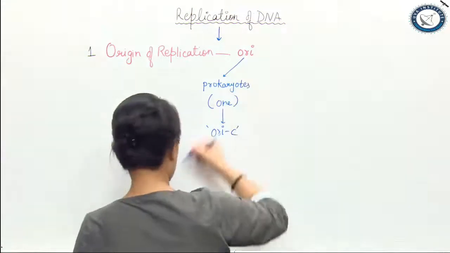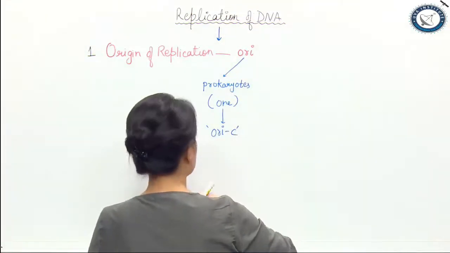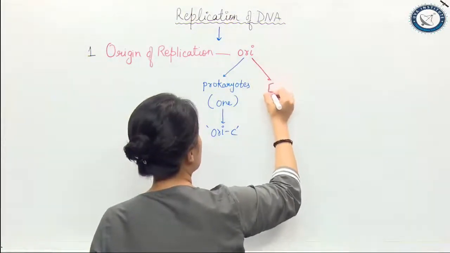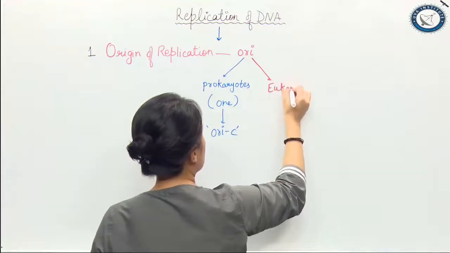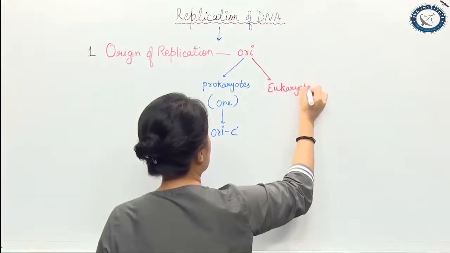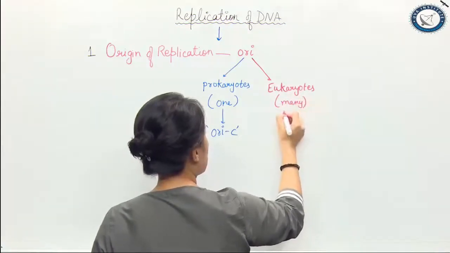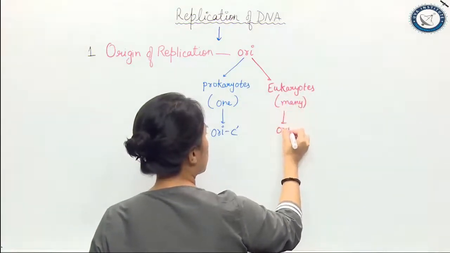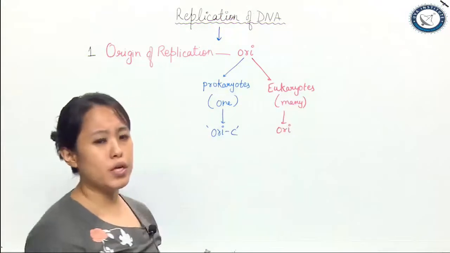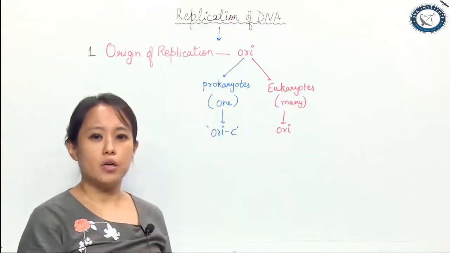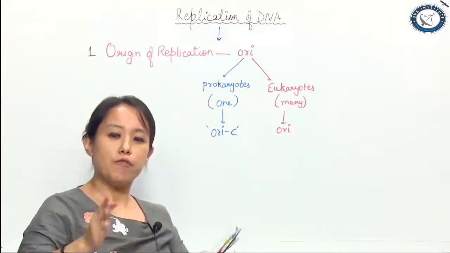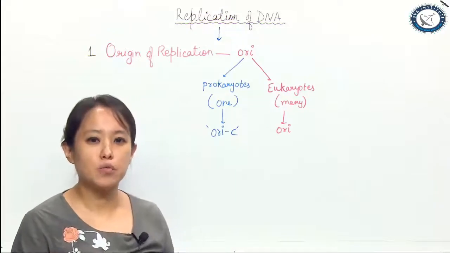Whereas in the case of eukaryotes, they have many ori. But we cannot use many ori. What happens is that every time a different set of origins of replication would be there.